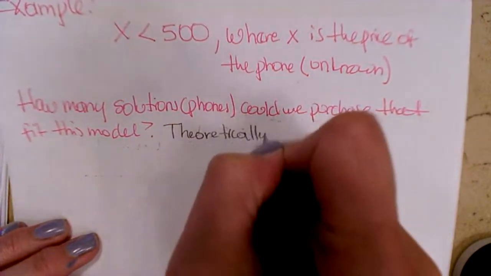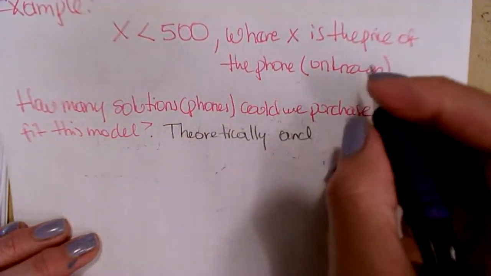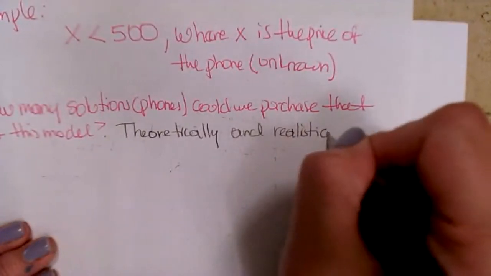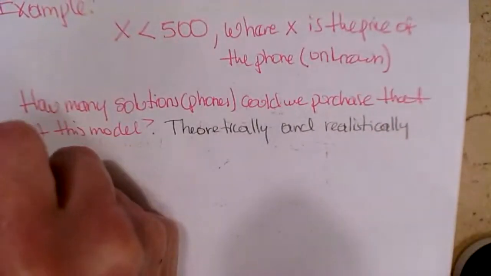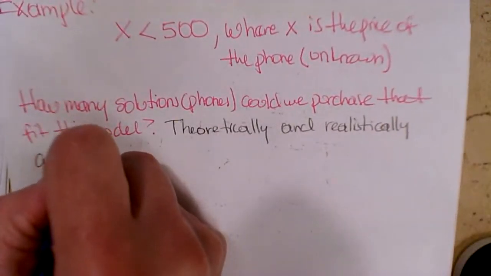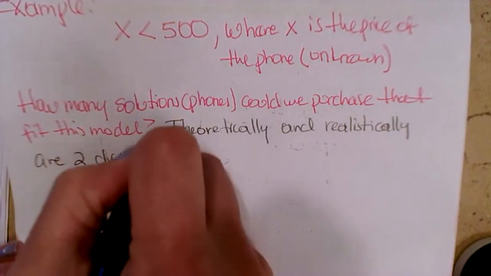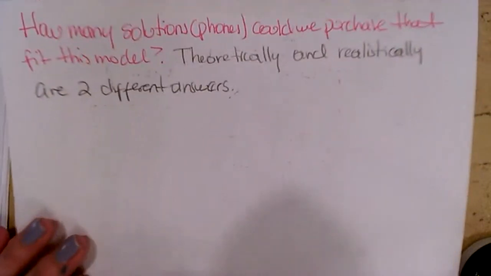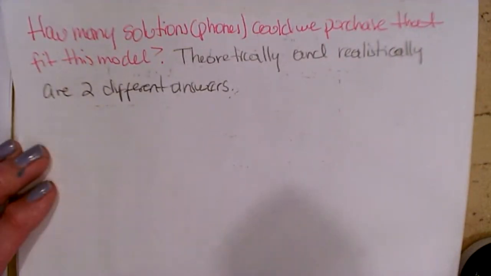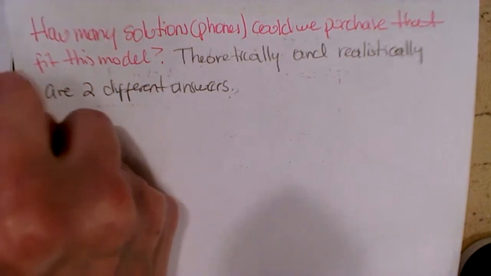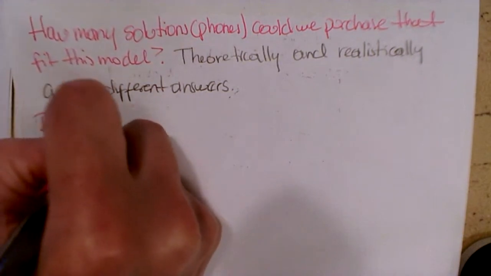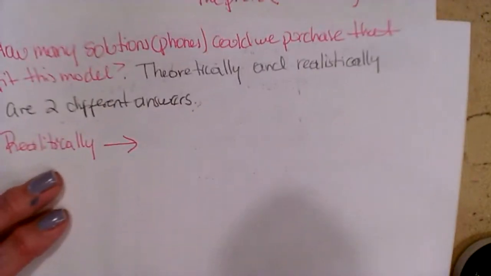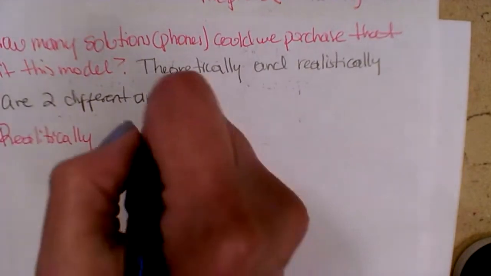Theoretically and realistically are two different answers. Let's do the first one. Realistically, all available phones that are less than 500, right?